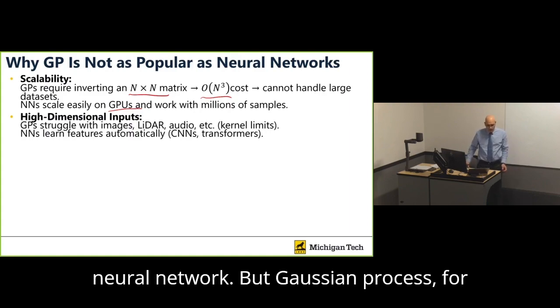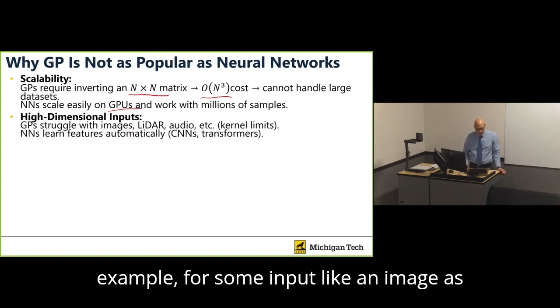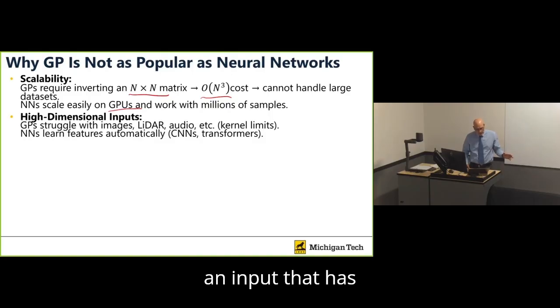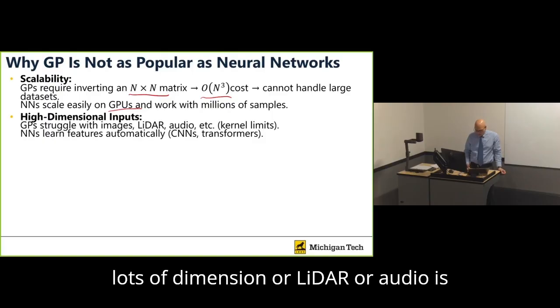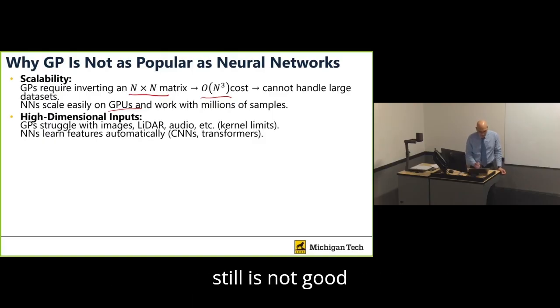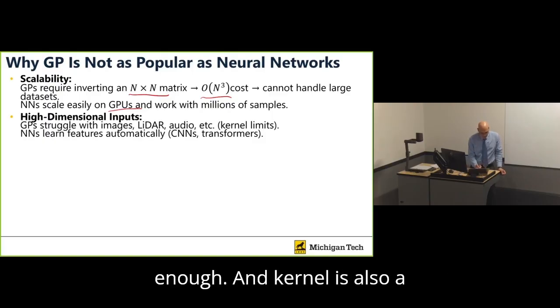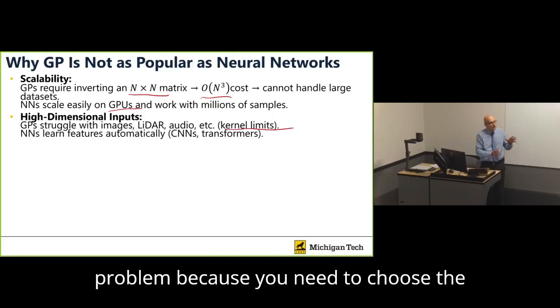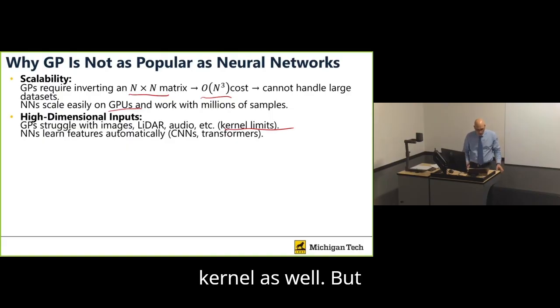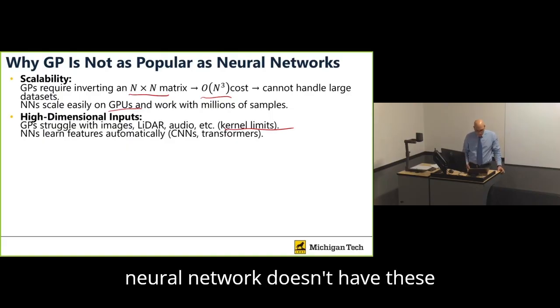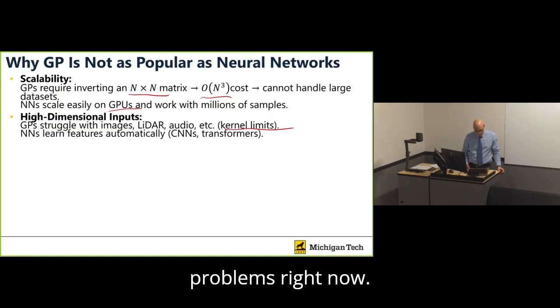But Gaussian process, for some inputs like an image that has lots of dimensions, or LiDAR or audio, is still not good enough. And the kernel is also a problem because you need to choose the kernel as well. But neural network doesn't have these problems right now.